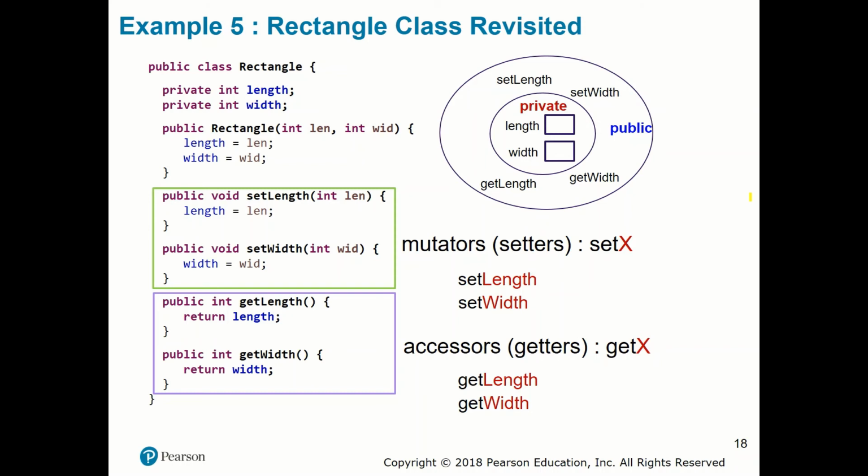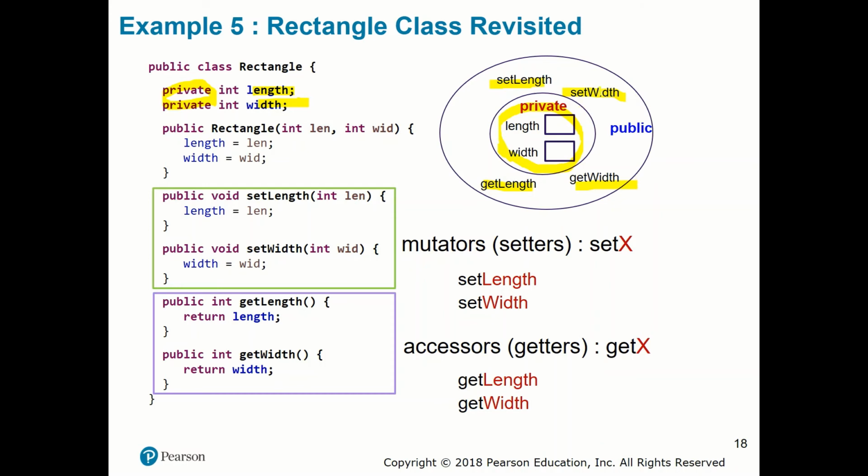Here is a Rectangle class. There are two attributes, length and width. Both are declared as private, so we can think of them as being inside this object privately. To access or modify these two values, we need a public method to do that. Here, set methods are for setting values of attributes, and get methods are for getting values of attributes.